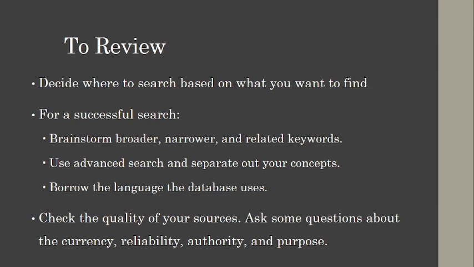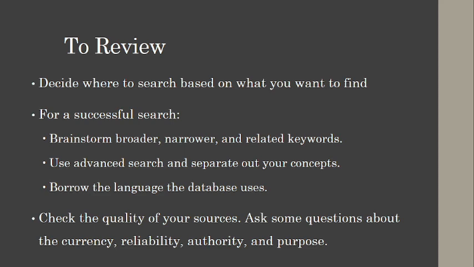So just to review what we talked about today, when you're doing a search, think about what you need and how you can find it, and then choose where to search based on what it is you need. Remember, when you're doing a search, it's very useful to use the advanced search so you can separate out your concepts. And then when you're figuring out what to put in there, brainstorm your keywords a little bit. Think broader, narrower, related, and sometimes think about the most formal or official version of a keyword.